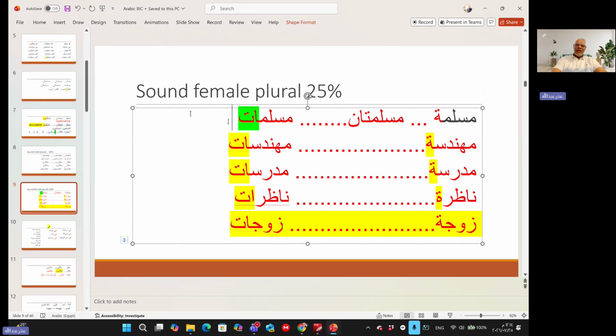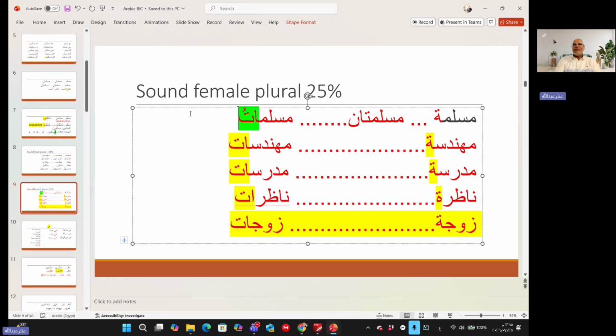On this ta, we place a dhamma and this will make it nominative. Dhamma or two dhammas, like muslimatu, muslimatun. So the dhamma is the marker for the nominative, for the singular word and for the sound female plural. They act in the same way.